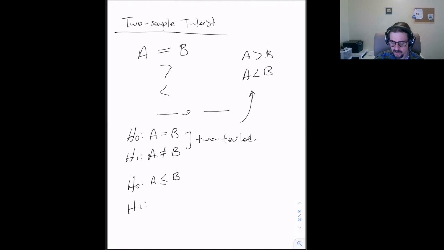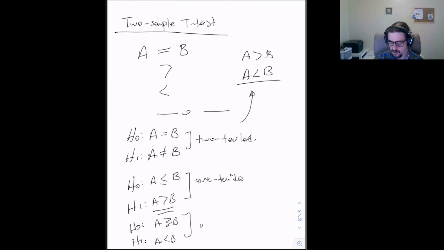And my H1 is going to be A is bigger than B. So this is one-tailed because we are only interested in one direction in our distribution. And if I was asking whether A is smaller than B, my H0 is going to be A is larger or equal to B, and H1 is going to be A is smaller than B, and this is also one-tailed. Okay, and these are the only three combinations that you could have in this case.